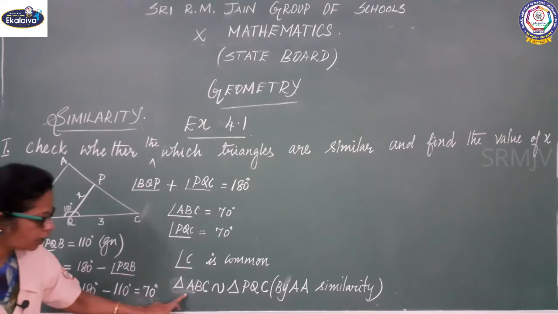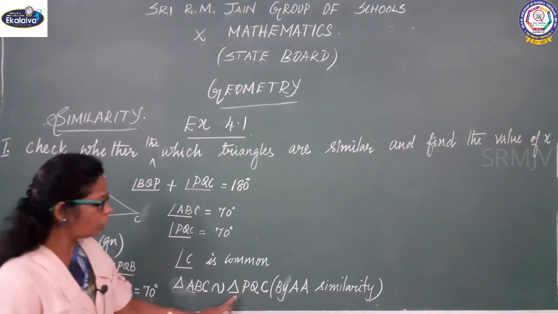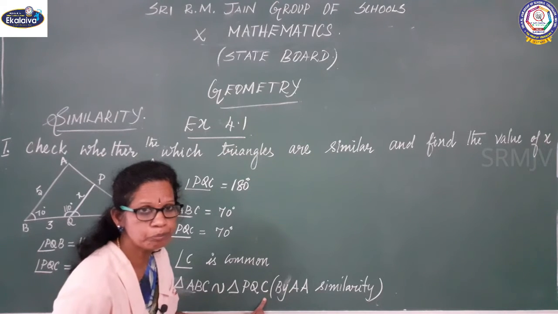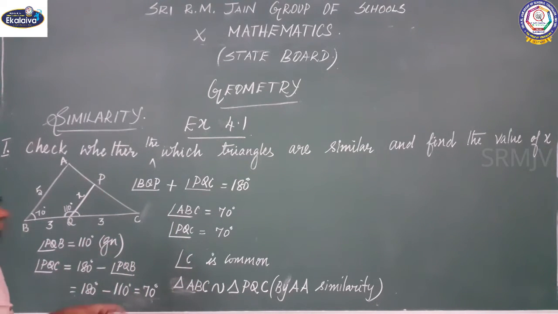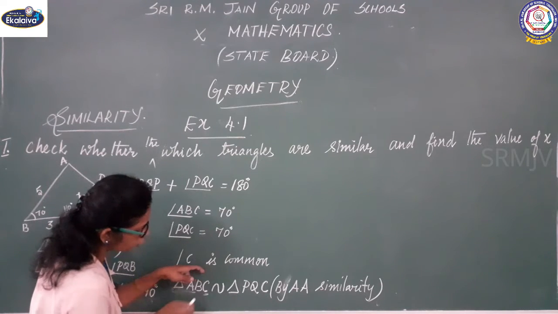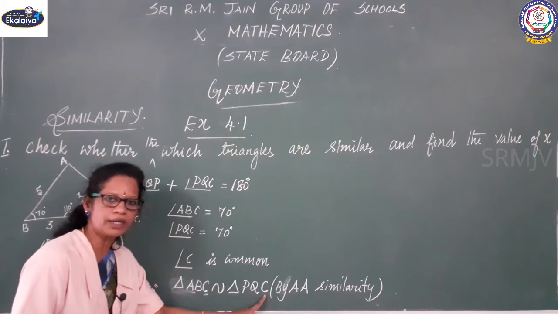Here you see triangle ABC is similar to triangle PQC. I said the arrangement of the alphabet is very important. Angle C is common. It is located at the last. Here also it is located at the last.